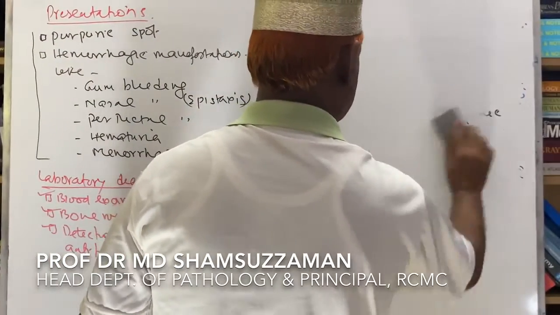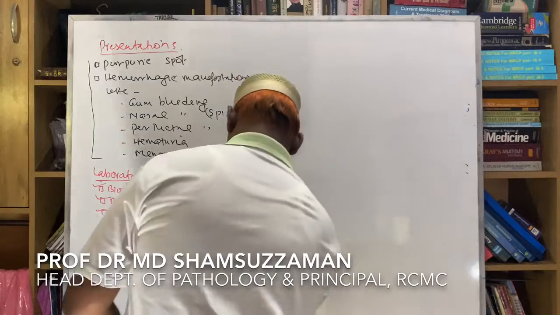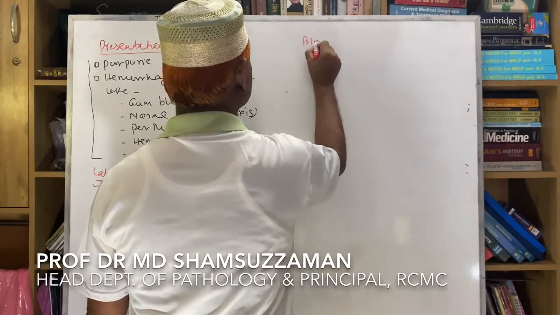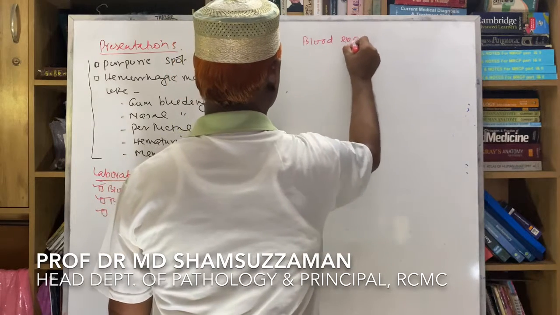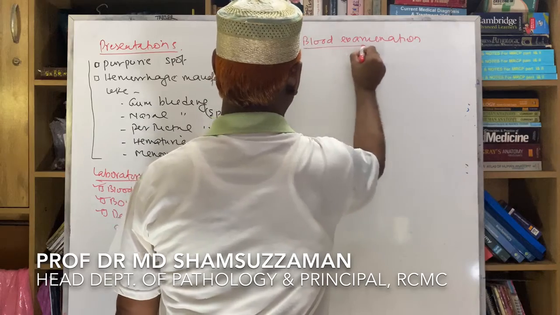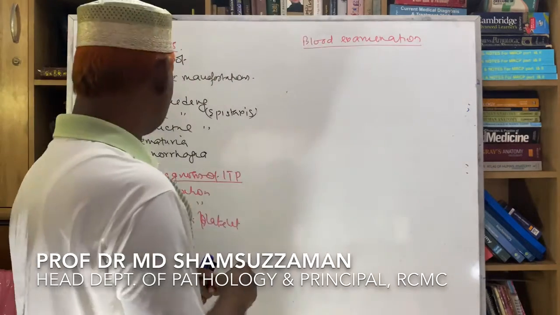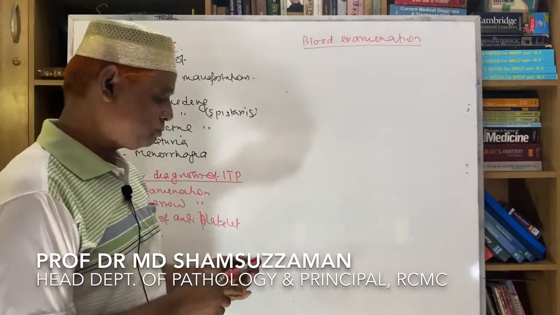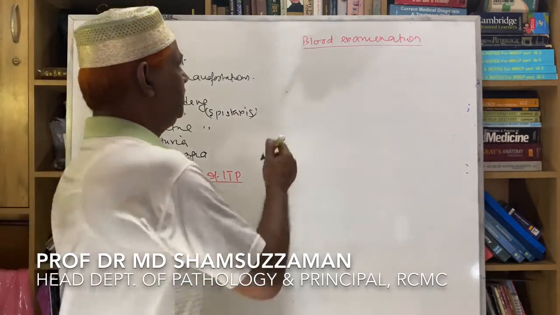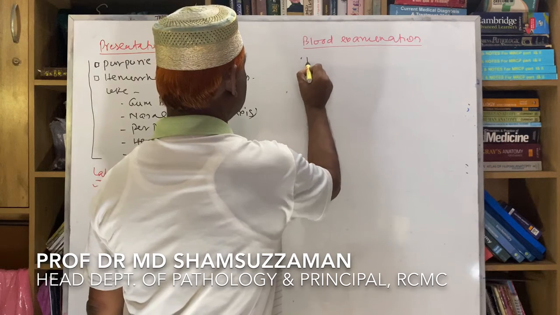First come to blood examination. Dear audience, you know in ITP, there is decreased platelet count, so there are hemorrhagic manifestations. In blood, first we have to do bleeding time.